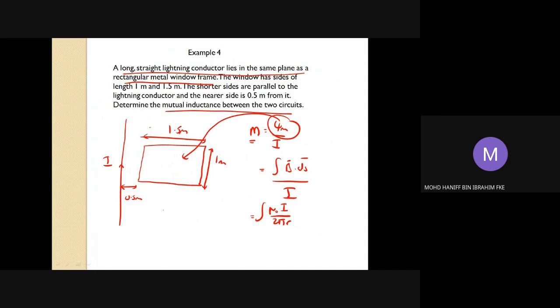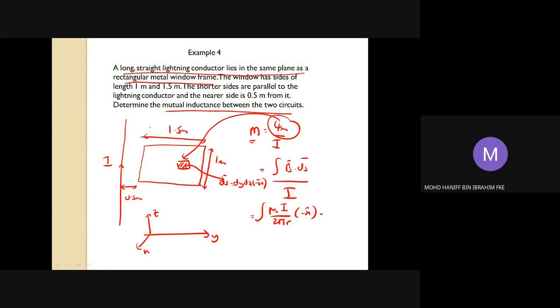We can change this into the Cartesian system. If I assume this is the Z direction and this is my Y direction, then my B will have a direction of negative x, because x is in this direction. The dS inside this metal frame is dy dz in the direction of negative x, because we base it on this y and z.